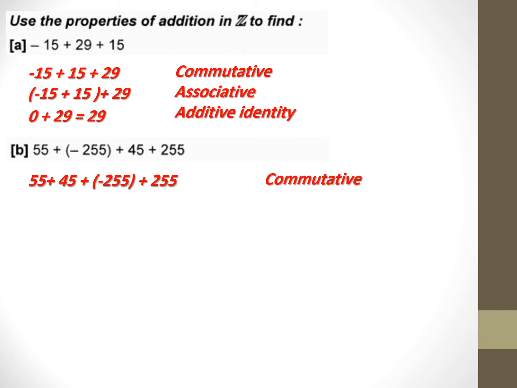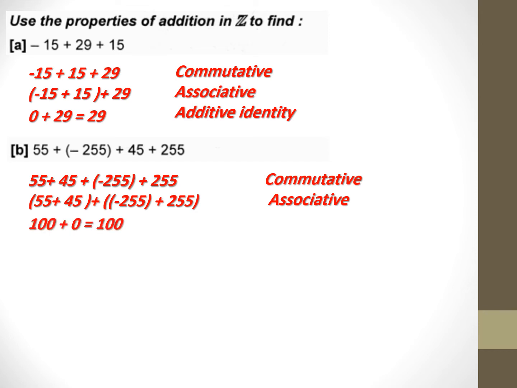By using associative, we will put each two integers in a bracket like this. It's called associative. 55 plus 45 equals 100, and negative 255 plus 255 equals 0. 100 plus 0 equals 100. That is called additive identity.